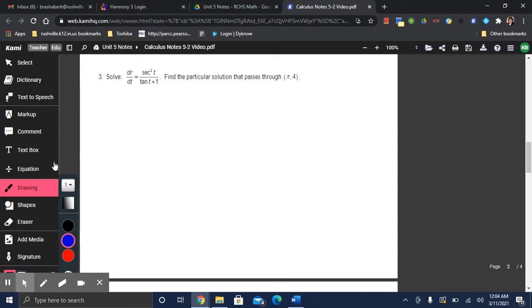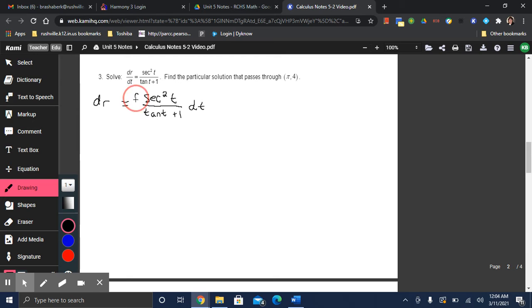So remember that when we have a differential equation to solve, we want to separate the variables. So we want to have the dr on one side, and then this fraction secant squared of t over the tangent of t plus 1 dt.